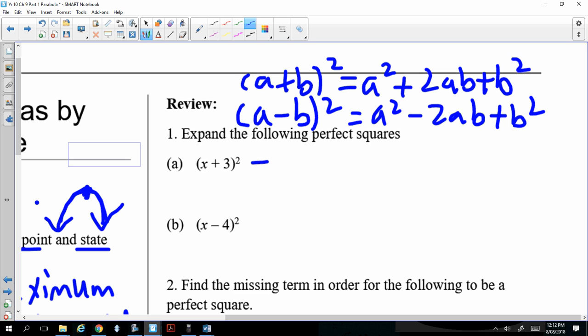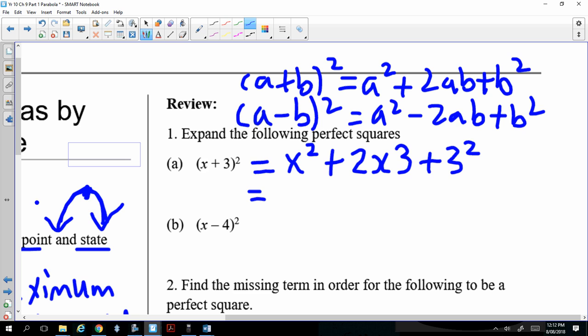So you go x² + 2 × x × 3 + 3². And if you simplify it, you get x² + 6x + 9. That's your expansion. Try the next one. Okay, have a try.